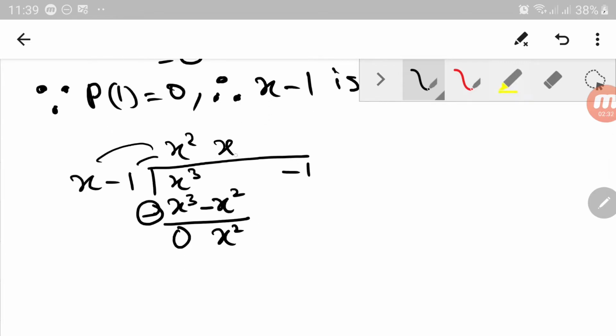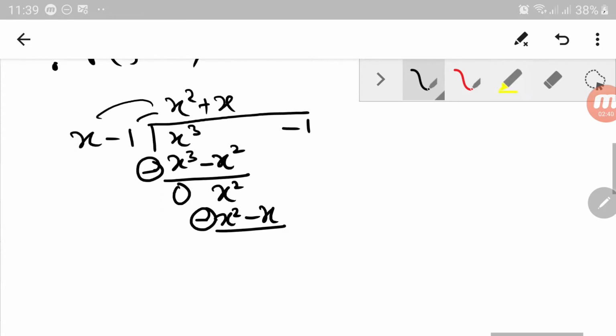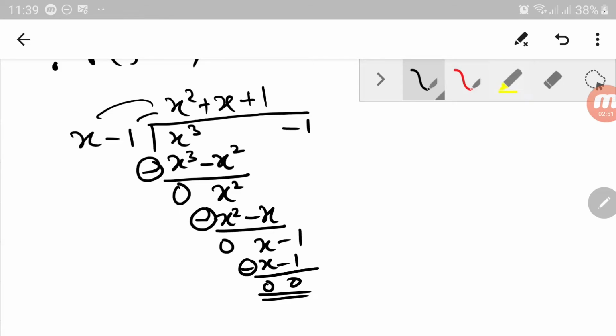Next, multiply by x, and we have x squared minus x, and then we subtract. 0 x minus 1, and then 1. So x minus 1, we subtract, and we get 0.